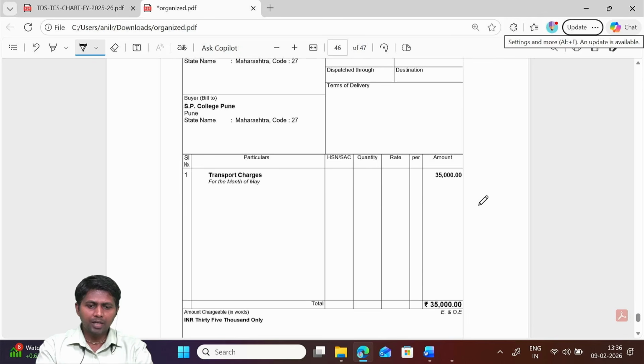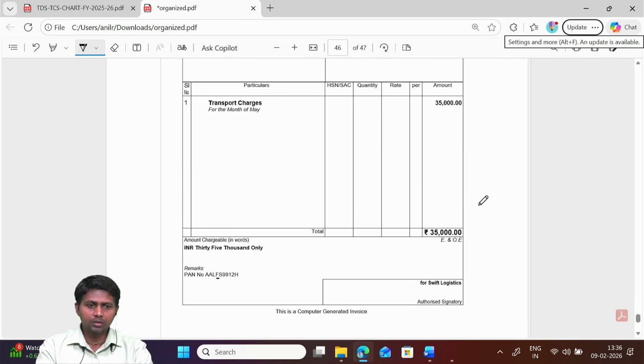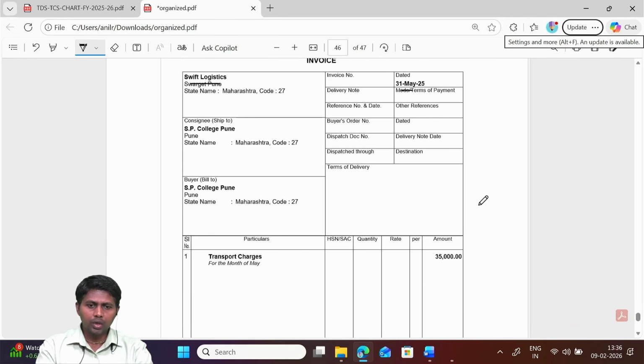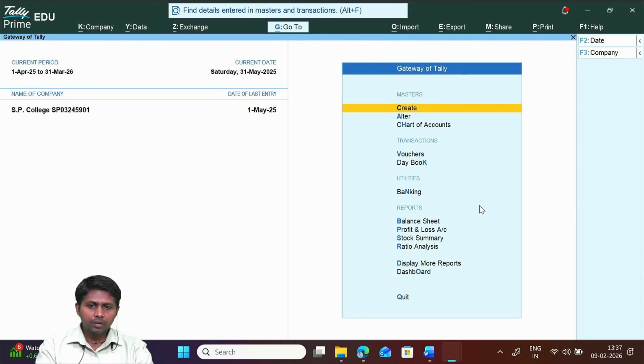You can assume this as a normal, more than 10 vehicles transportation company, but for simplicity I will assume this is a small transporter company. Now what to do then, how to pass it in Tally? In voucher, first date 31st May.